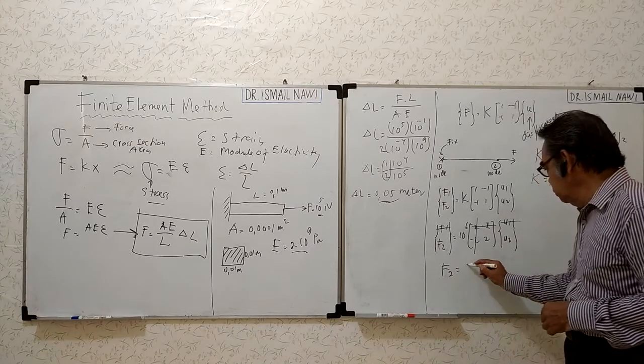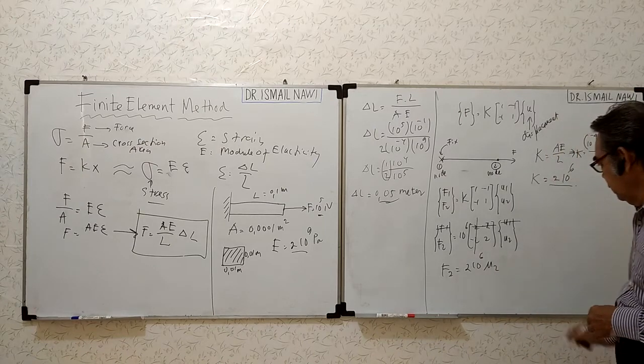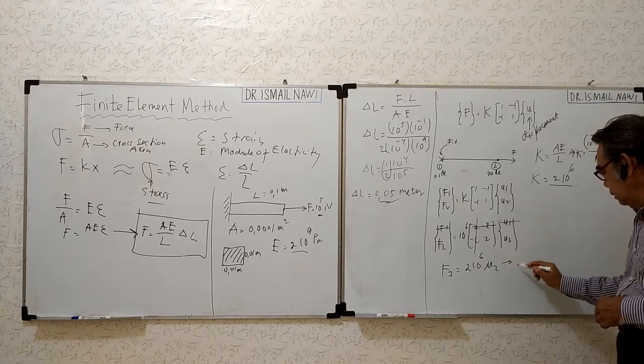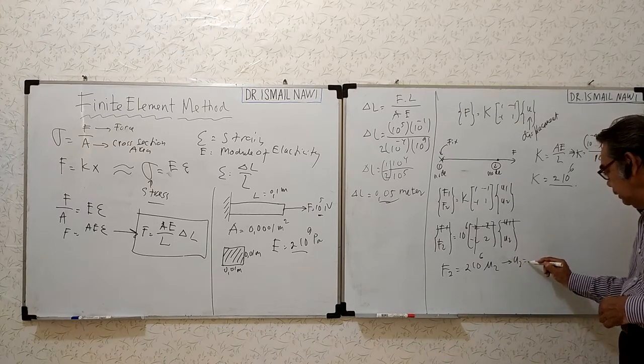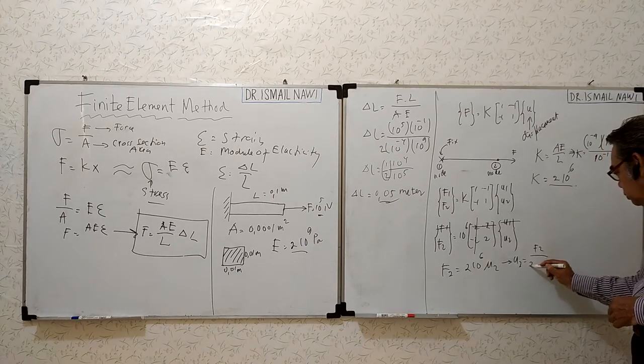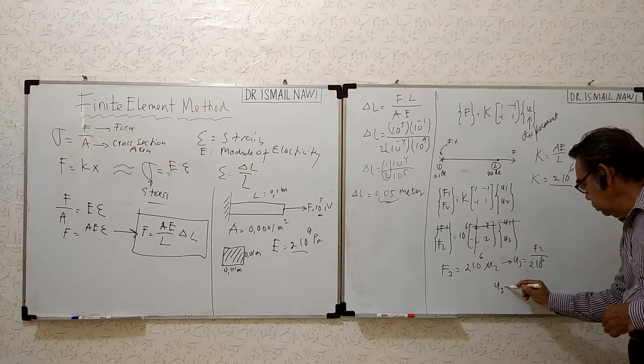equals 2 times 10 to the power of 6 u2. So u2 is here. F2 equals 2 times 10 to the power of 6 u2. What is F2?